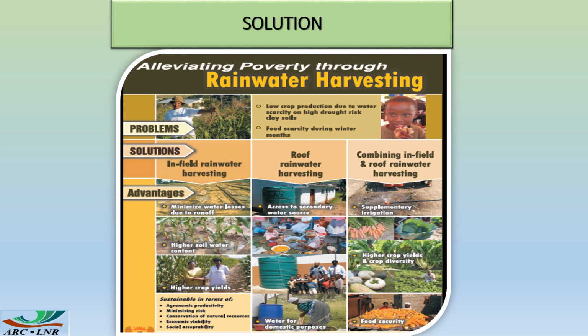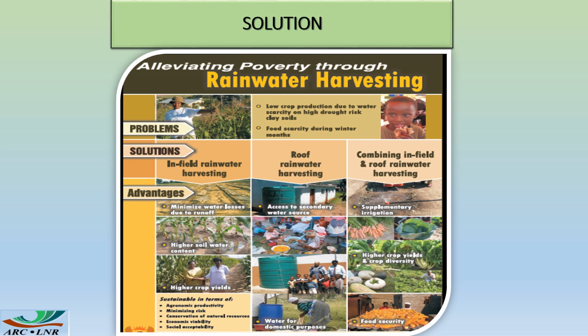At the ARC, we had a solution where we combine, for instance, infield rainwater harvesting with roof rainwater harvesting. The big problem is low crop production due to water scarcity on clay soil, and in these areas food scarcity comes in the winter months.